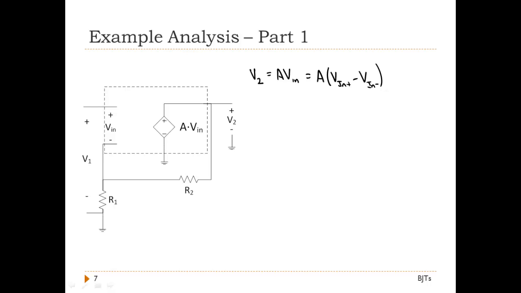We now want to find relationships for Vn plus and Vn minus. Since Vn plus is only connected to V1 and is an open circuit, Vn plus simply equals V1.